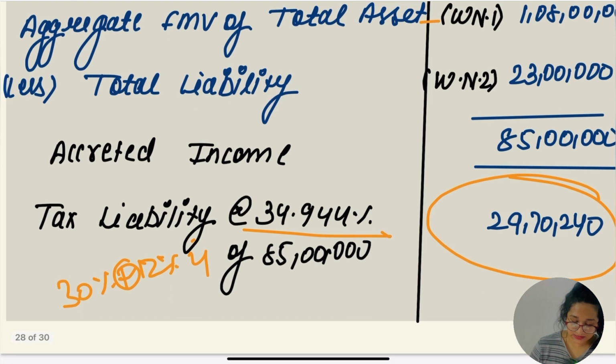So that's it guys, we have the answer. 85 lakh was the accreted income. In that 34.944% was the tax liability, which is 29 lakh 70,240. ठीक है, hope you get my point.